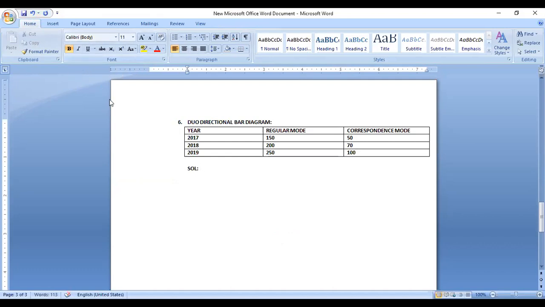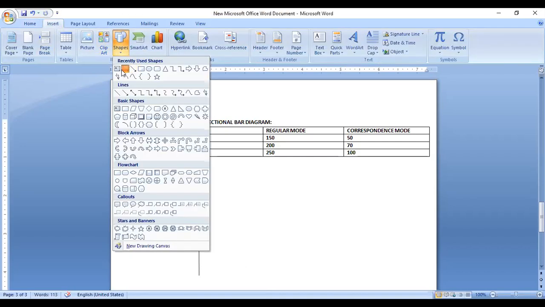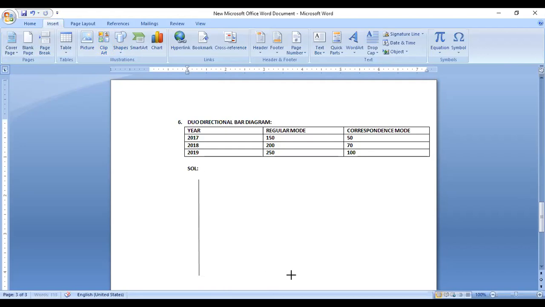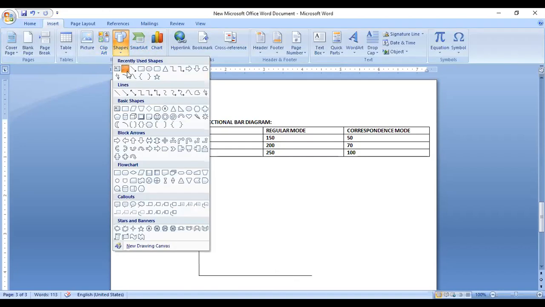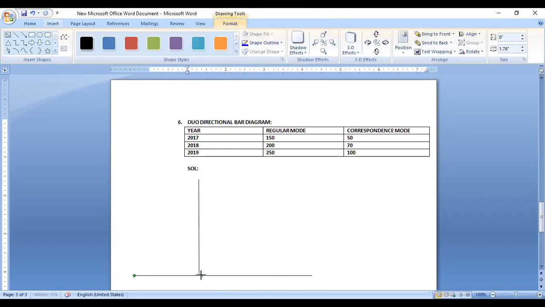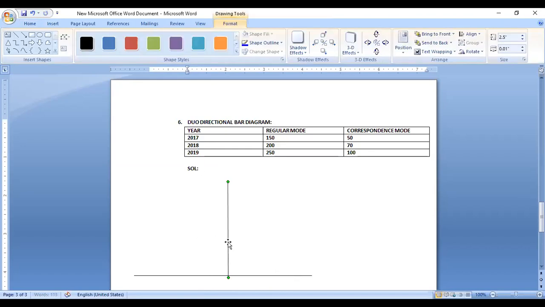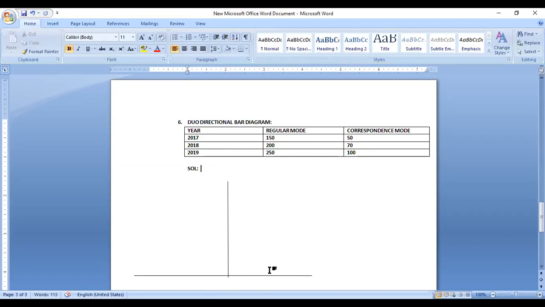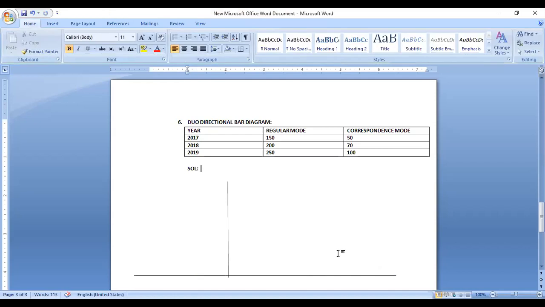Okay, as usual, draw x-axis and y-axis. Okay, this is y-axis.